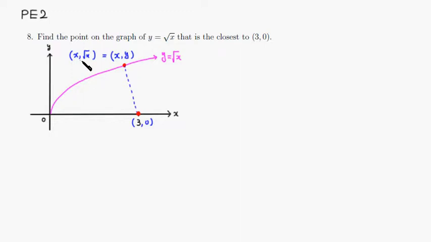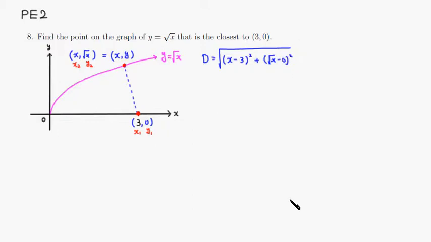Let's think of this as x2 and y2, and this is x1 and y1. Then let's find the distance. The distance d can be expressed as square root of (x2 - x1), so x minus 3, quantity squared, plus (y2 - y1), square root of x minus 0, squared.